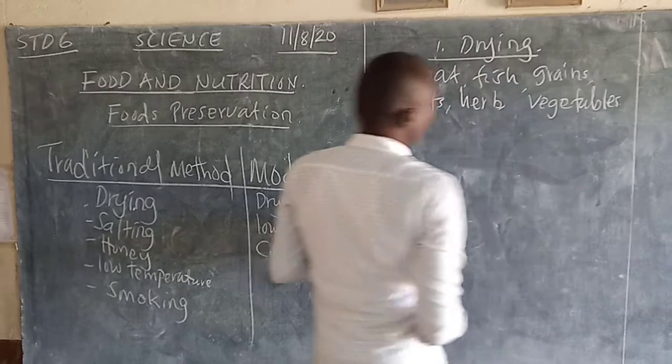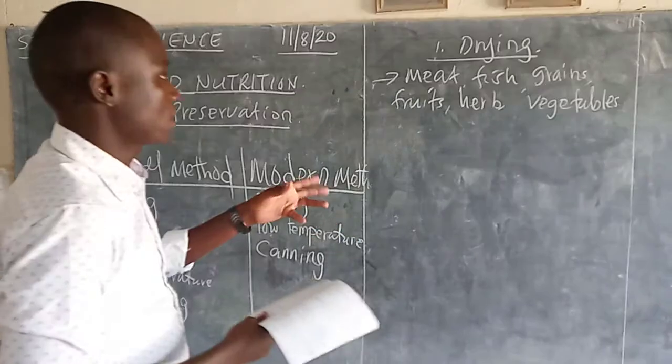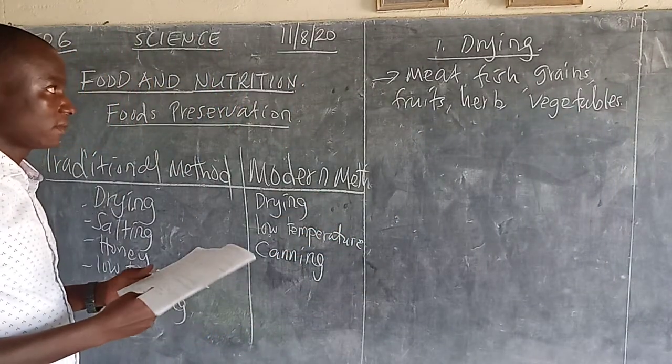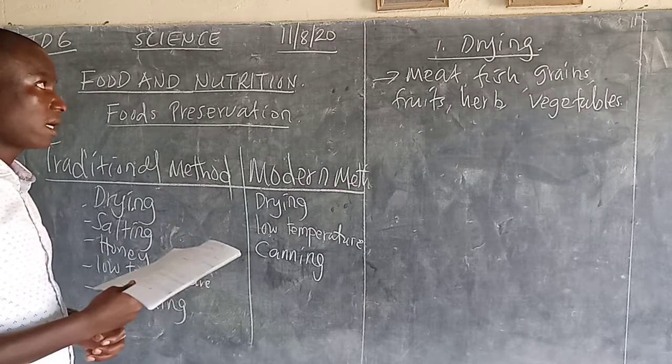Certain types of vegetables are dried and then crushed, stored to be used later. These are just examples of what can be dried.